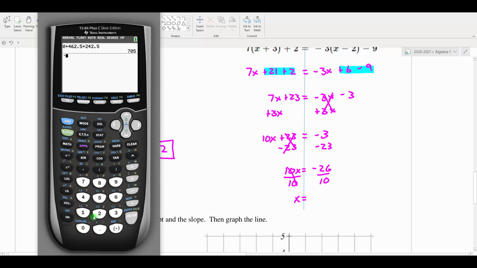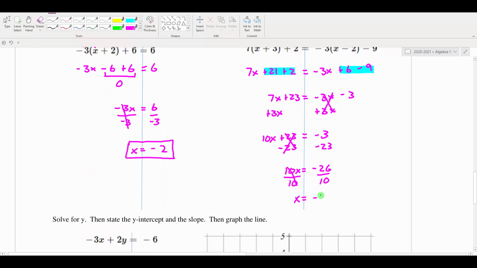So we're going to do negative 26 divided by 10. And we get negative 2.6. I probably could have done that in my head, but I was lazy. I used the calculator, and that's okay, because you're allowed to use a calculator too. All right, so there's our answer. If I were to take negative 2.6 and plug it in, we would have gotten a true statement.